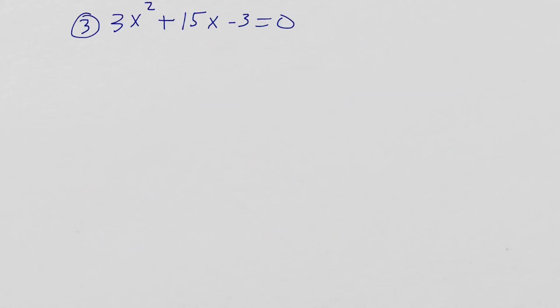All right, now this one, the x squared term has to have a coefficient of 1. So we're going to have to divide by 3 across the equation. That's going to give us x squared plus 5x minus 1 is equal to 0. Now we can go ahead and start our solving.